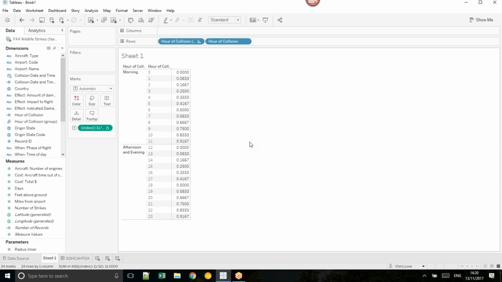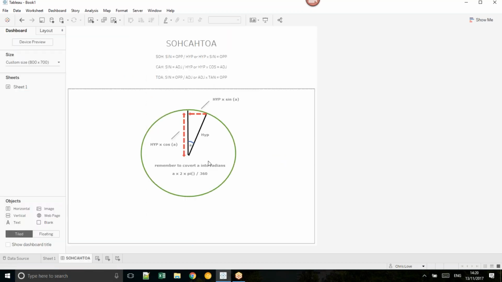Now we need to multiply this to get the angle. So that angle that I was showing here is the angle of the amount of the way around the circle. So we're going to need to convert this percentage into a degree. So we're going to need to multiply it by 360. But remember, this calculation to convert it to radians divides it by 360.